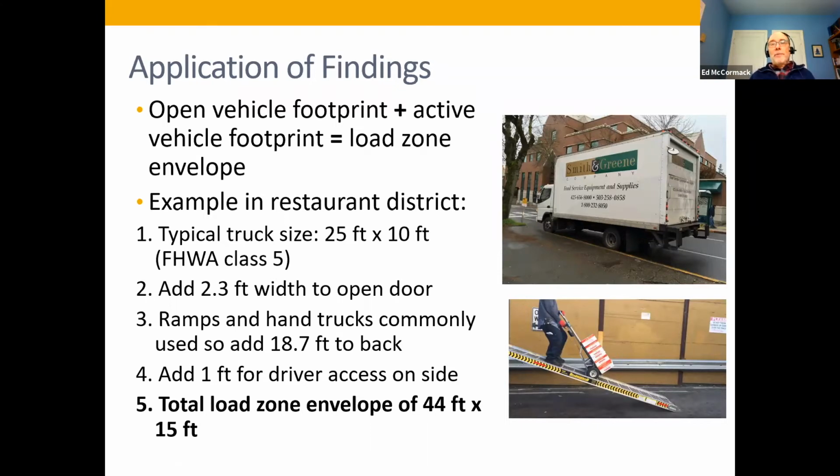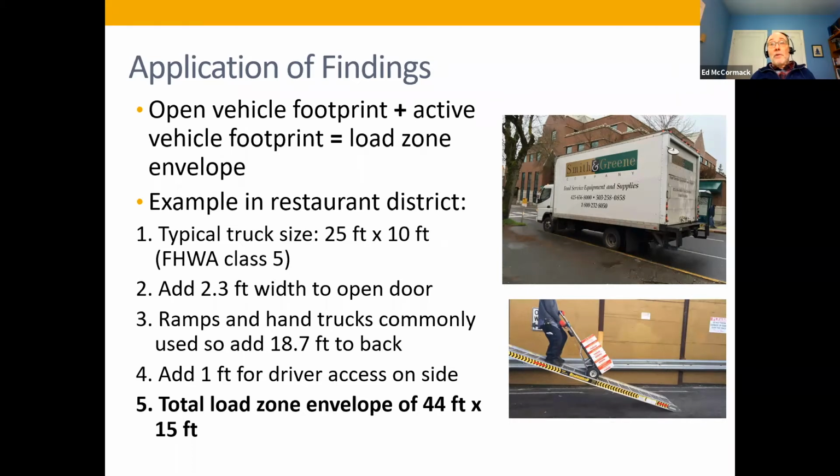And so, for example, we wanted to find out the space required for a commercial vehicle load zone in a restaurant district in Seattle. And we knew that the typical truck in this area was a Federal Highway Administration Class 5, which is a 25 by 10 foot truck. Now you need to add another 2.3 feet width so the door can open.